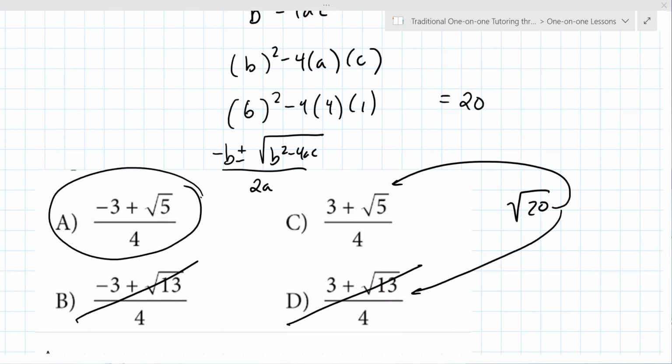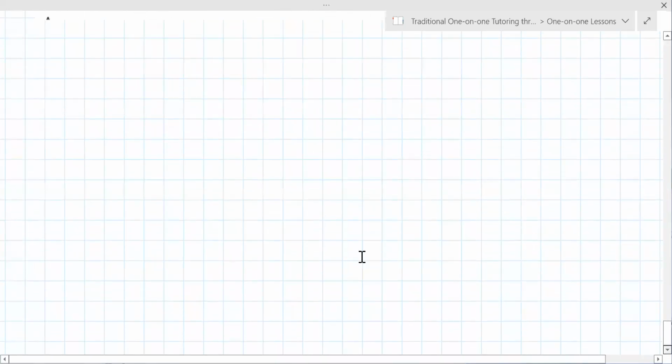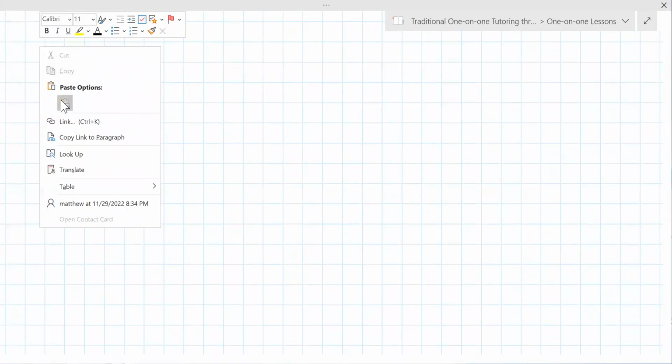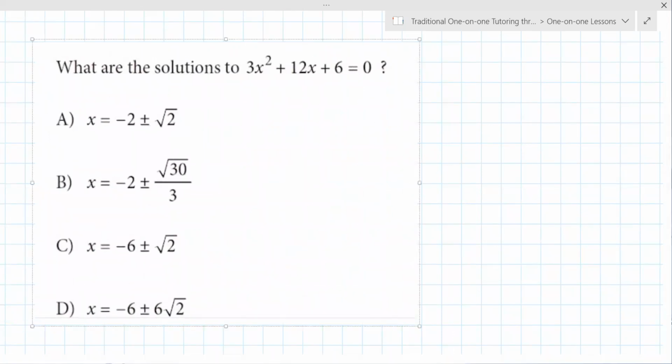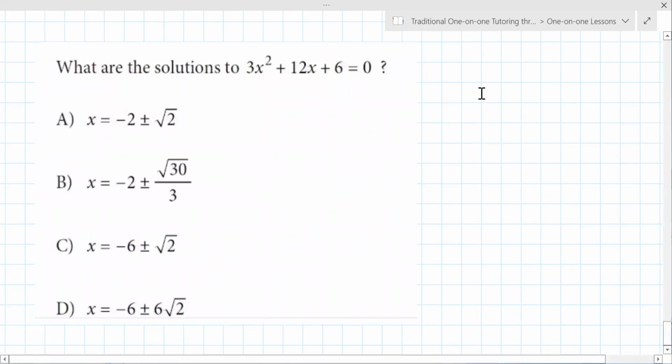Okay, so I may have you try one on your own here. This one's about as straightforward as it can get with the quadratic formula. This one you actually do need to solve. Sorry, just a little lag there on the Zoom. So this one says, what are the solutions to 3x squared plus 12x plus 6 equals 0?